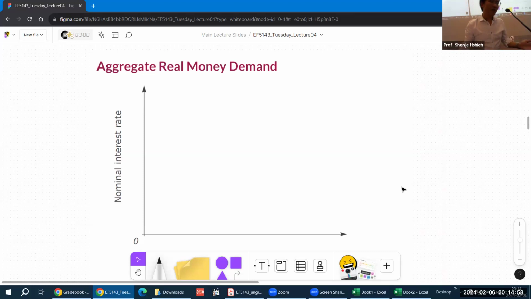All right, so as promised, I told you I would show you everything in three ways. One in economic intuition through words, second through the math, and third through graphs.